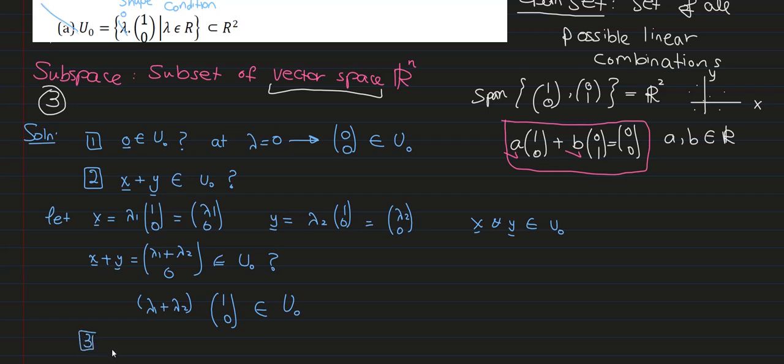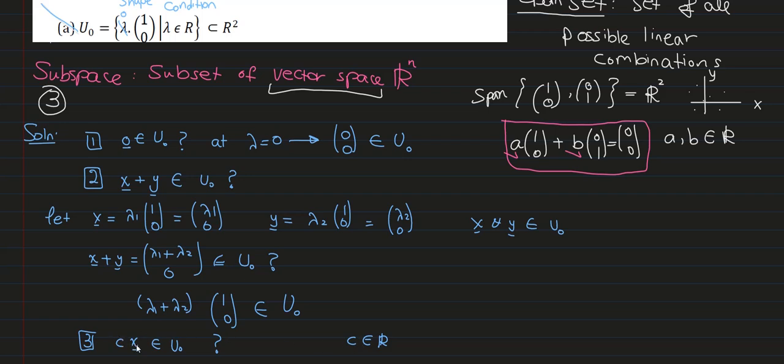Okay, the third condition is testing the scalar multiplication, whether C times the vector X does belong to U node or not. This is what we are testing here. Of course, as we always say, C belongs to the set of all real numbers, right? We have to mention everything.